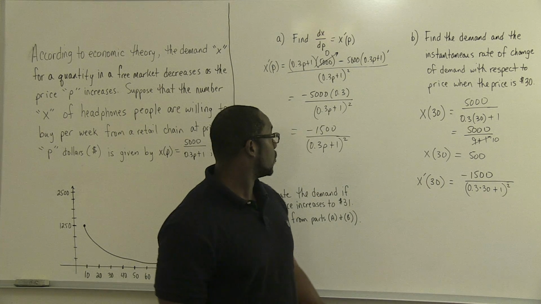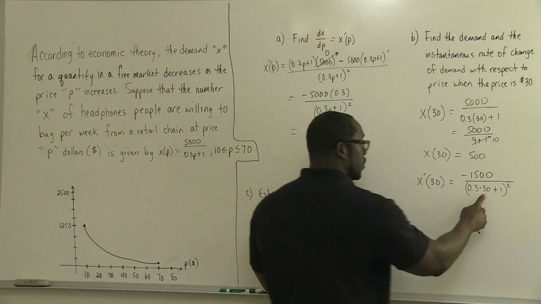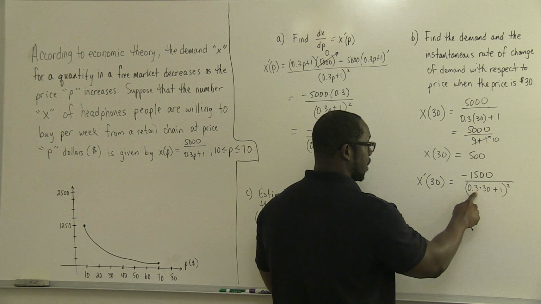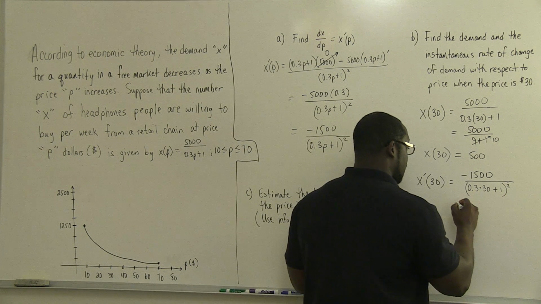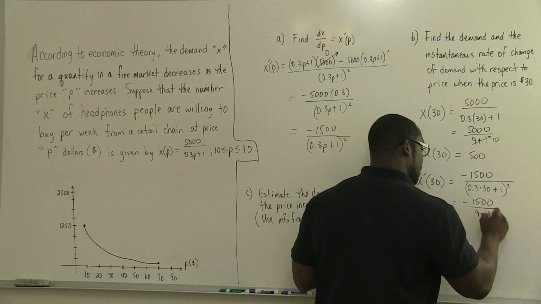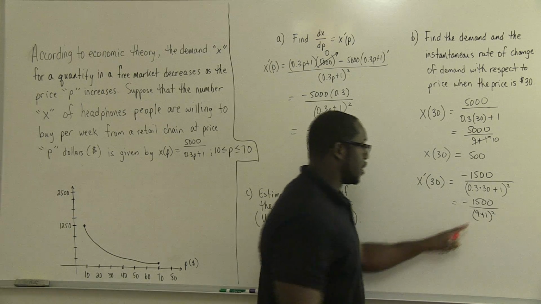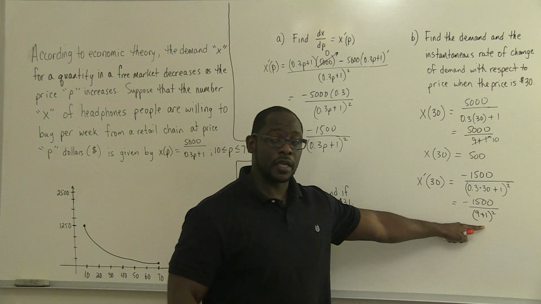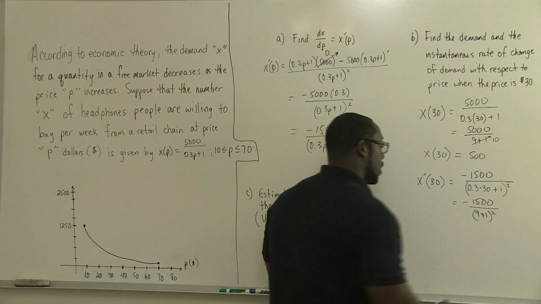Once again, 30 times 0.3 gives us 9, 9 plus 1 is 10, and 10 squared is 100.